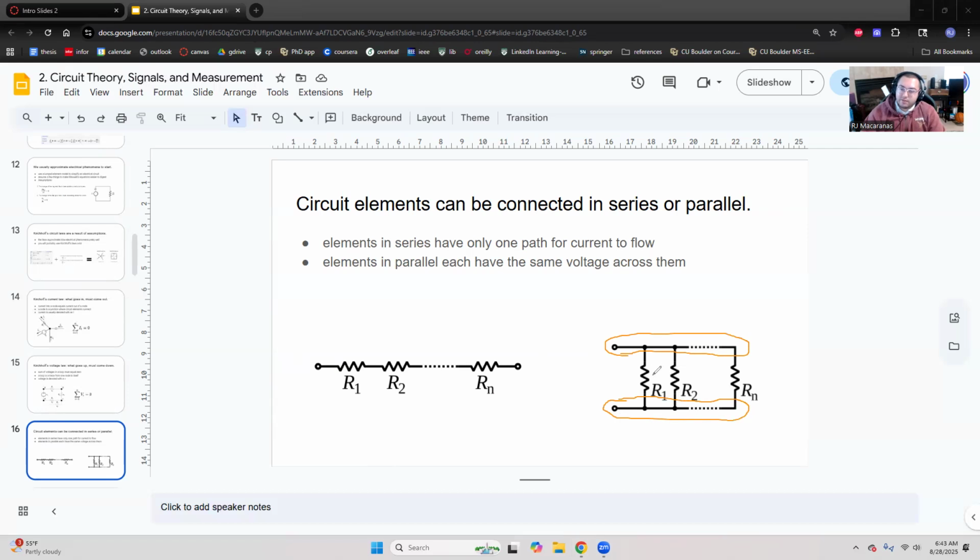And so by Kirchhoff's voltage law, what goes up must come down. So if I go up some amount of voltage through R1, I must also go down that same amount of voltage through R2 because I have a loop here, which means that the voltage across R1 is equal to the voltage across R2.